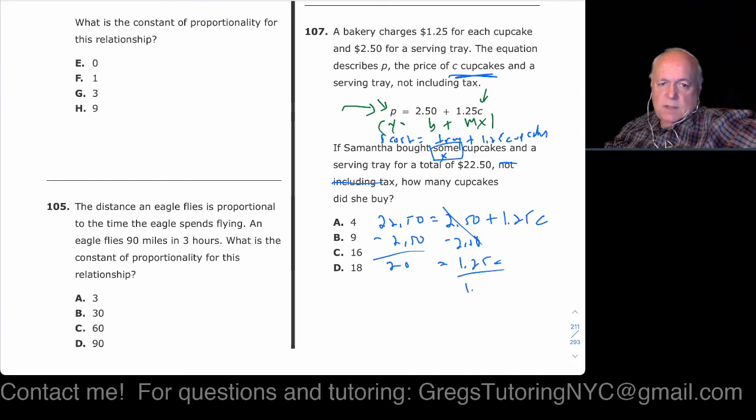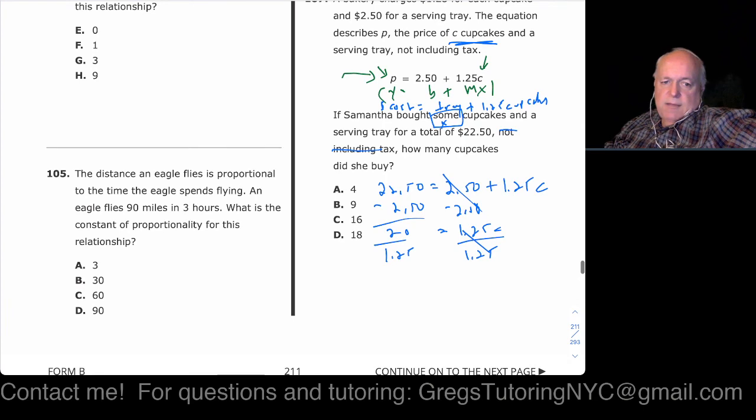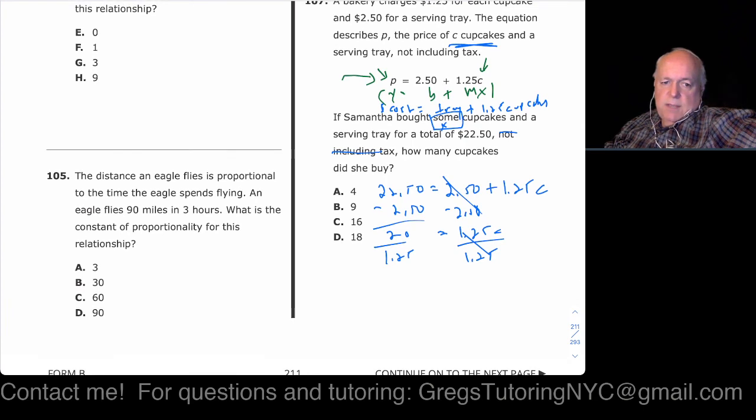We could do that, or we could realize 1.25 is 1 1/4. So we get 20 divided by 1 1/4. Whoops, I wrote 1 1/5. That's the same as 20 divided by 5/4.